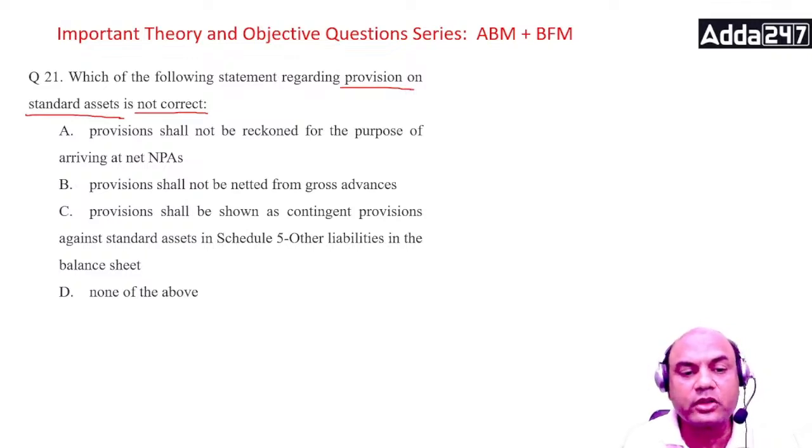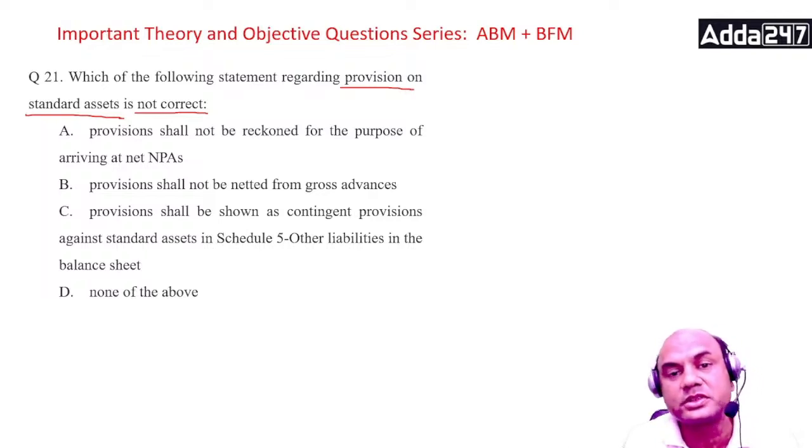The provision shall not be netted off from gross advances. Provision shall be shown as contingent provision against the standard assets in Schedule 5 other liabilities in the balance sheet, and none of the above. So which one is correct over here? We want here not correct. Understand the question: which is not correct on provision on standard assets.